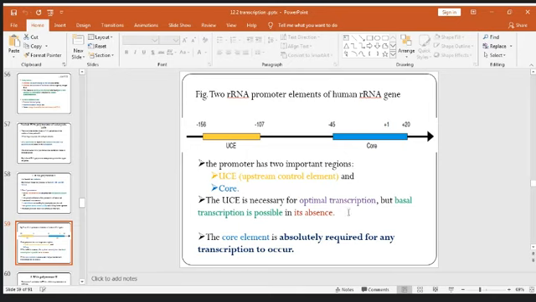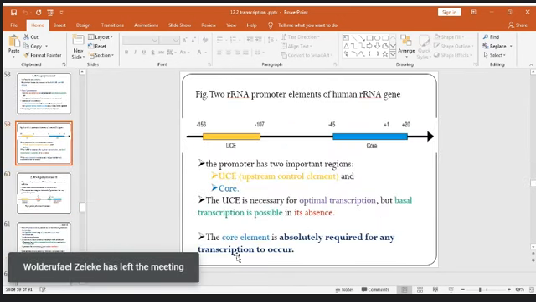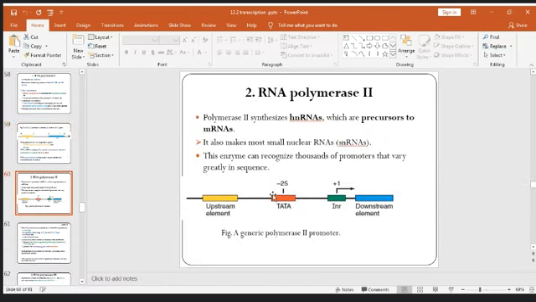The basal transcription is possible in the absence of the upstream control element. The optimal transcription cannot be possible without it. And the core element is absolutely required for any transcription to occur, because the core element region has the sequences that are specific for the transcription process.